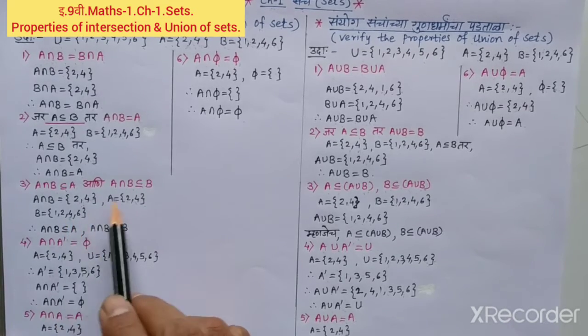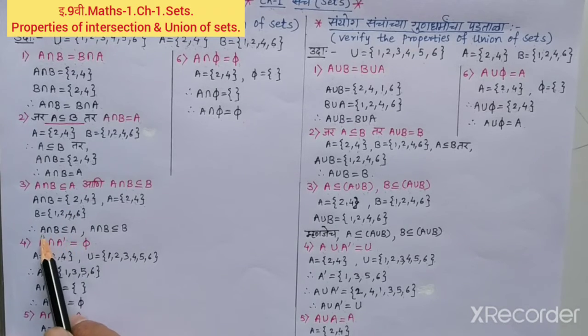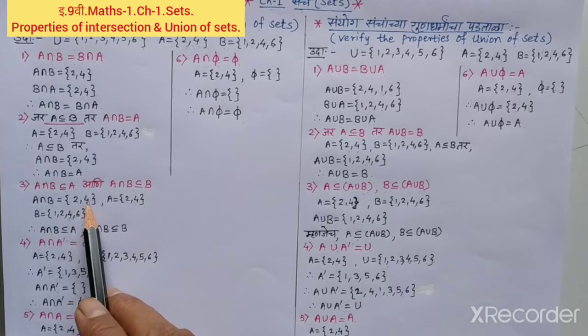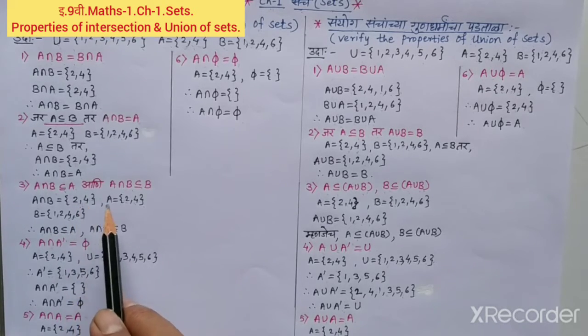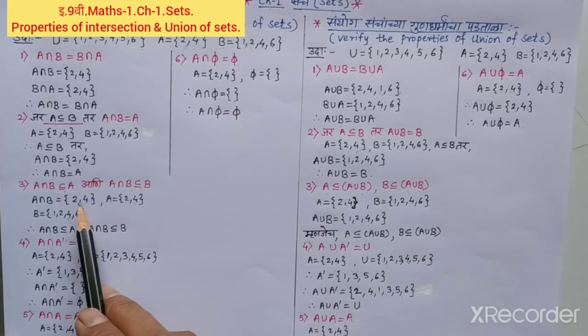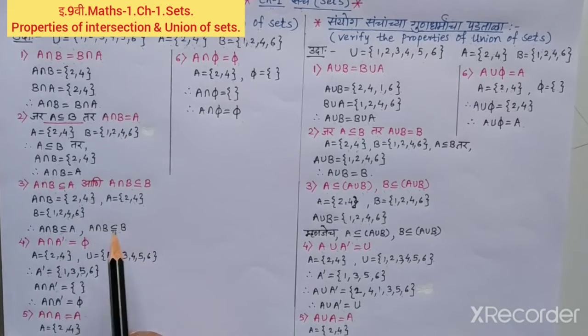These A and B sets are given in the example. A intersection B is a subset of A because all the elements of A intersection B are also elements of set A, and in the same way all the elements of A intersection B are also elements of set B. So this property is verified.